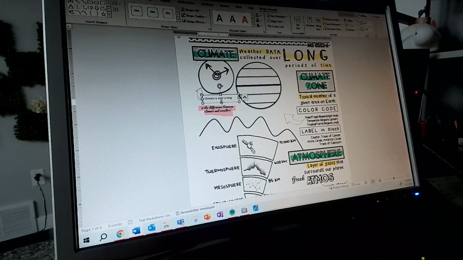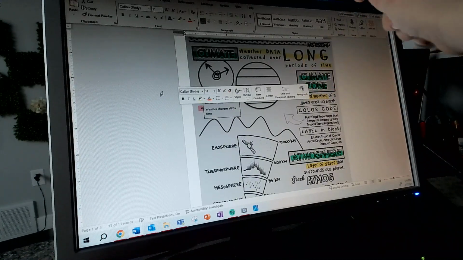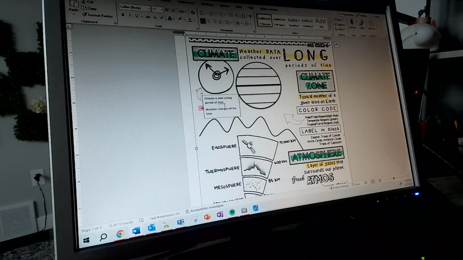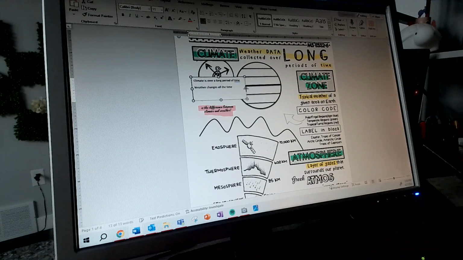This is something that we should expect time and time again, versus weather, which changes all the time. I'm going to move this so it fits in there. I would normally write it on that little clock because it is good to know.